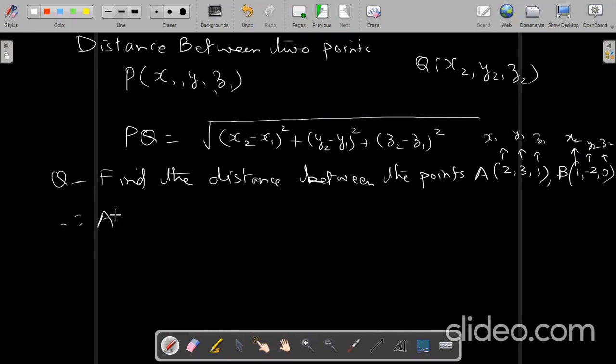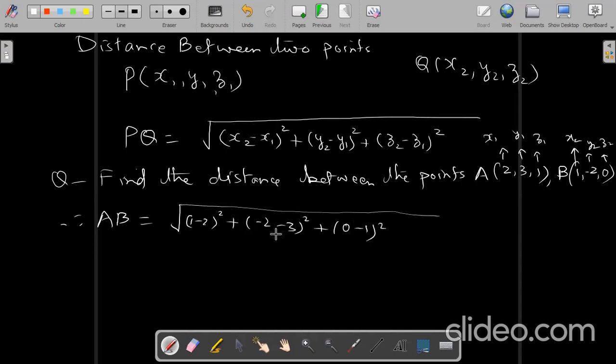Therefore, the required distance AB will be equal to the square root of x2 minus x1, that is 1 minus 2 whole square, plus y2 minus y1, that means minus 2 minus 3 whole square, plus 0 minus 1 whole square.